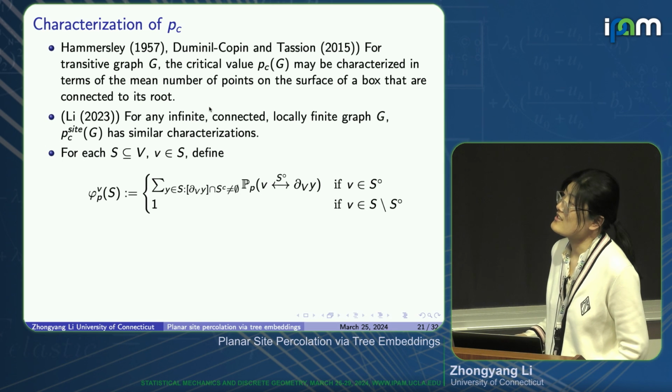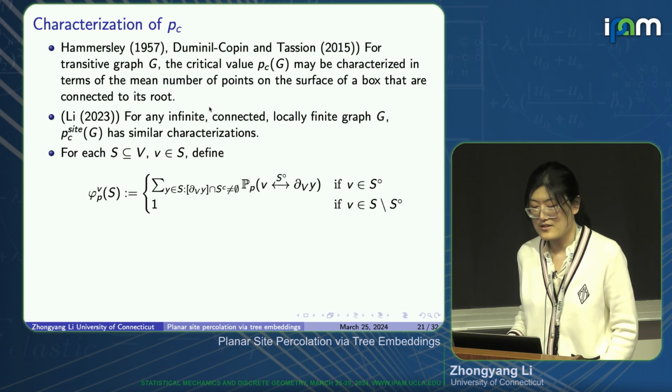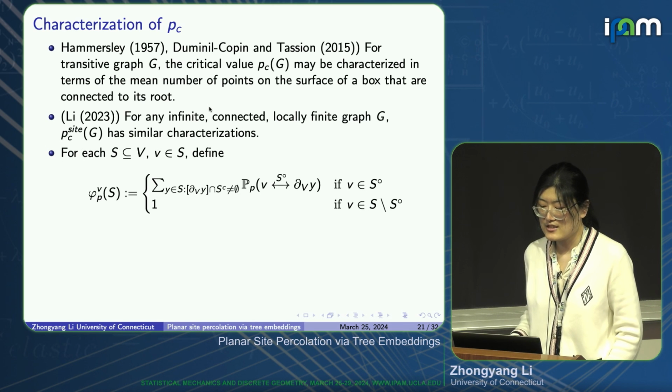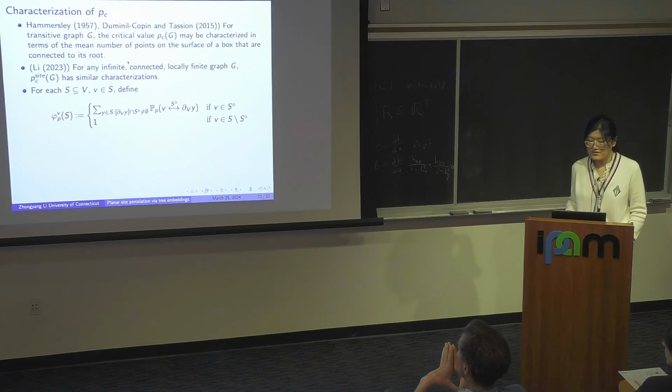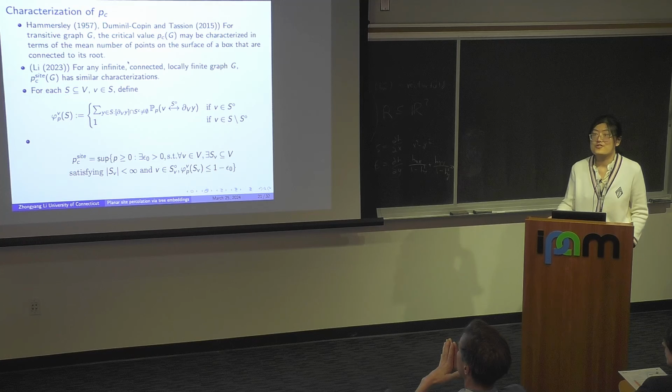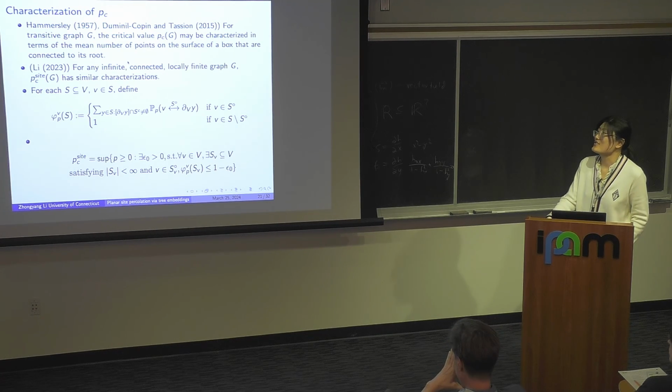We can generalize this characterization to any infinite connected locally finite graph without a transitive assumption. The difference is that in the transitive case, every vertex is the same. But without the transitive assumption, different vertices are different. So what we need is some kind of epsilon-delta language.